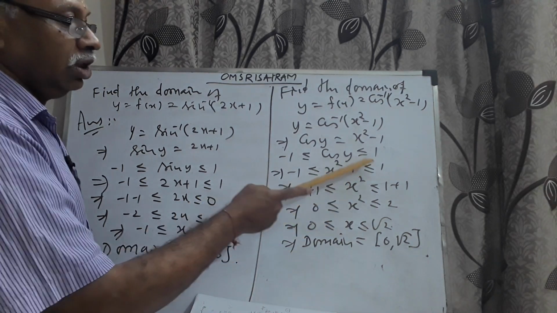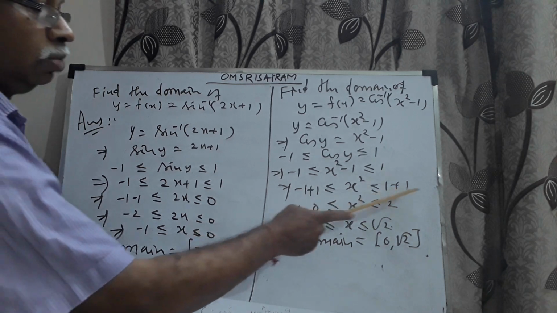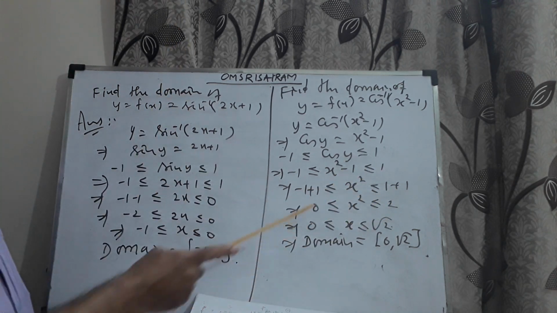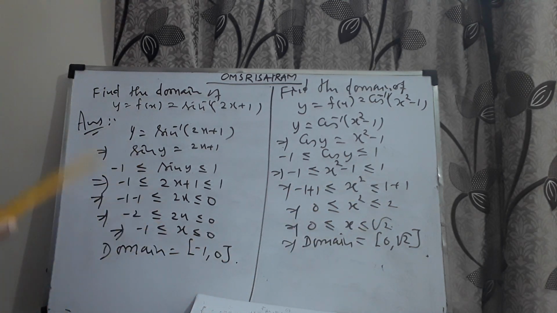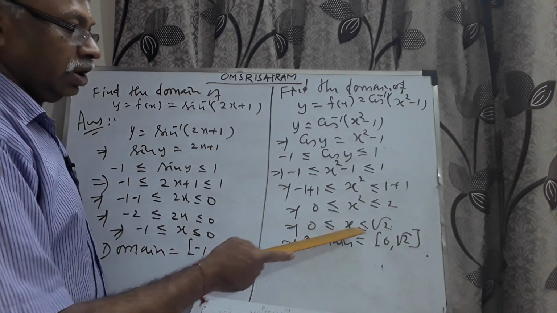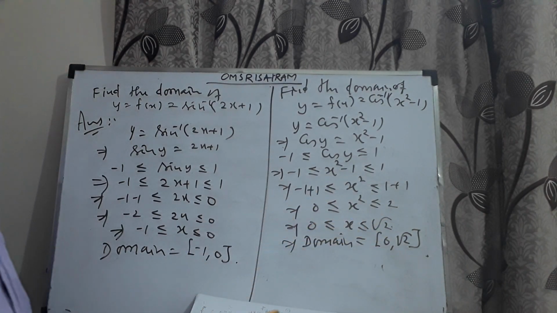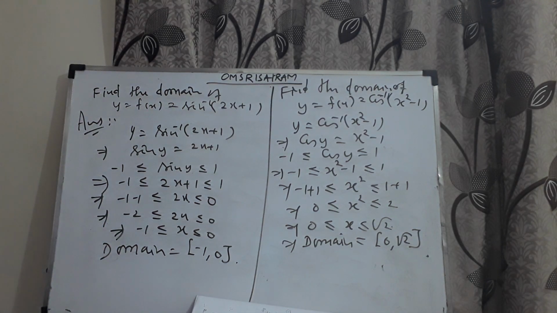To take away this minus 1, I have to add 1 throughout. Minus 1 plus 1 becomes 0, 1 plus 1 becomes 2, x square minus 1 plus 1 becomes x square. Therefore, 0 less than or equal to x square less than or equal to 2. Take square root throughout. 0 less than or equal to x less than or equal to root 2. Therefore, domain happens to be the closed interval 0 comma root 2.